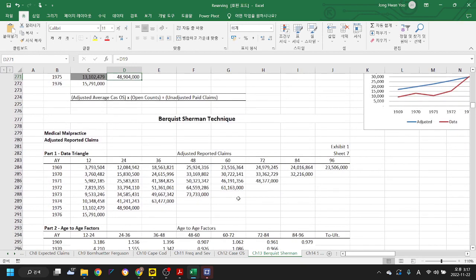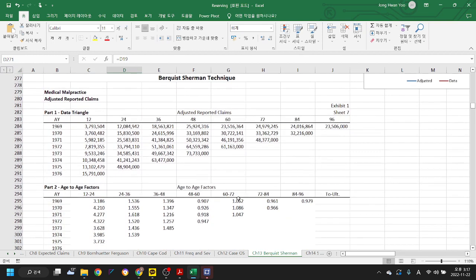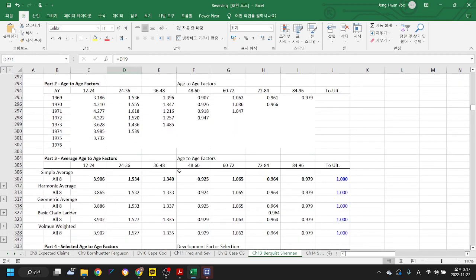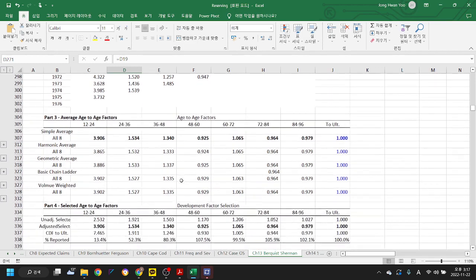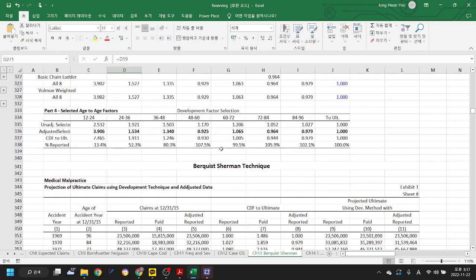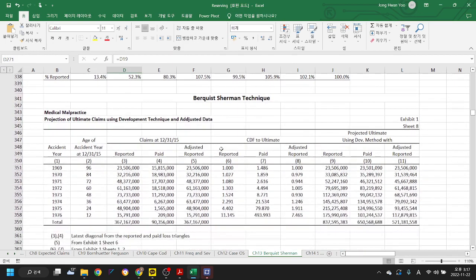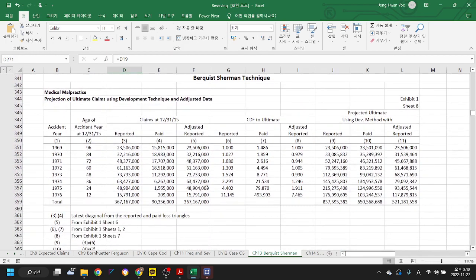And after that, I apply the loss development method with the given adjusted, restated reported claim. And the same setup, selection here, simple average, all 8 years. And then I compare, right? So this is just given data.